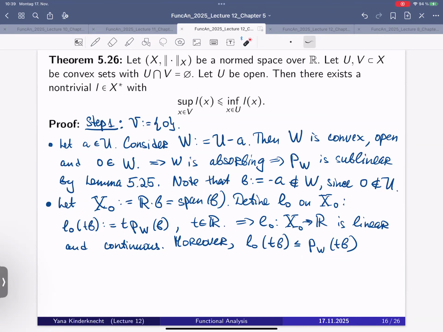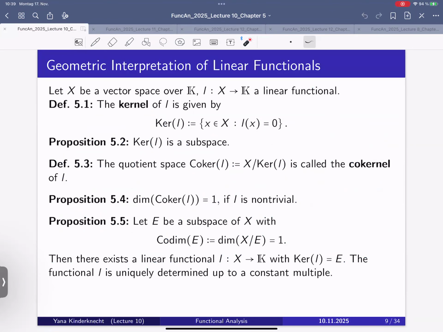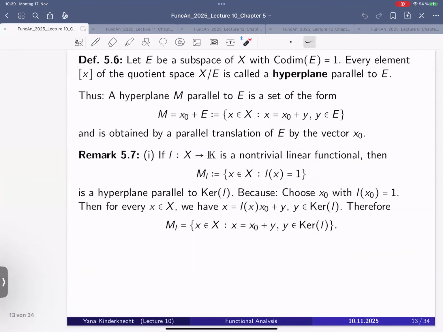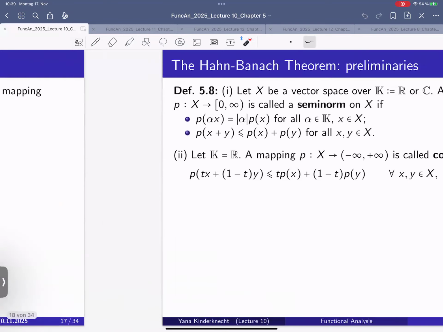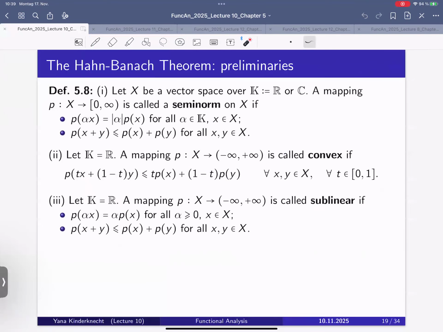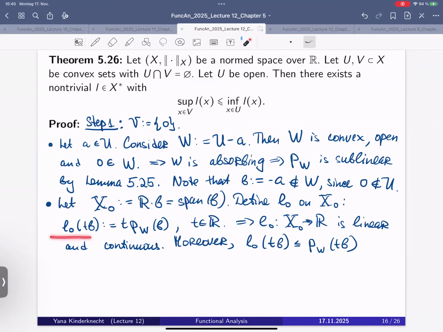I guess to just recall: a mapping is sublinear if we have this for positive constants and we have the triangle inequality. So due to this definition and due to sublinearity of this functional, we have this inequality. So all assumptions of the Hahn-Banach theorem are satisfied.